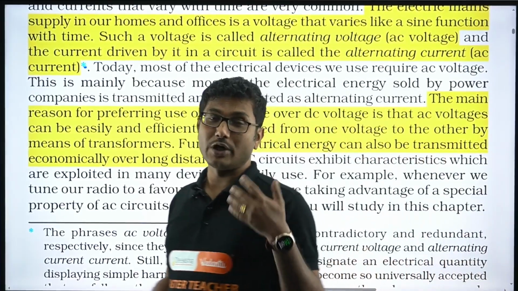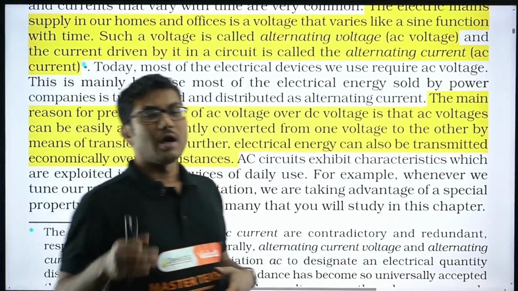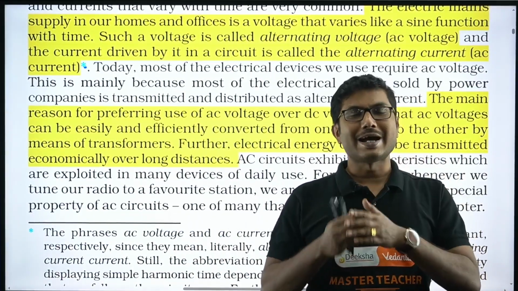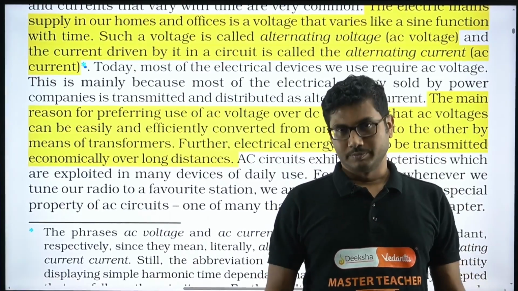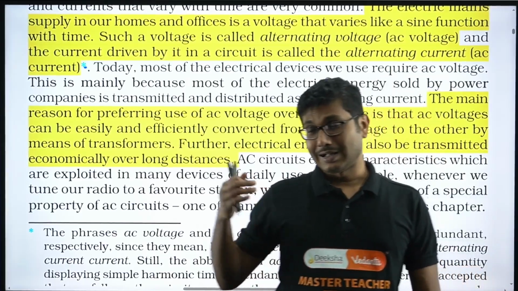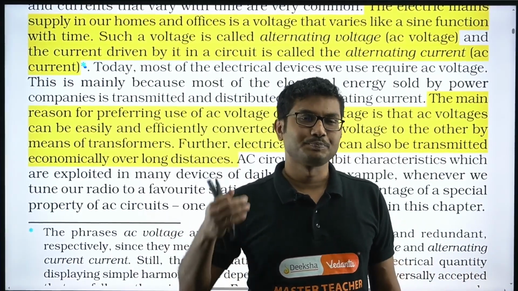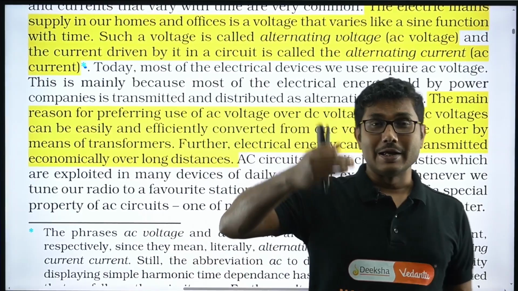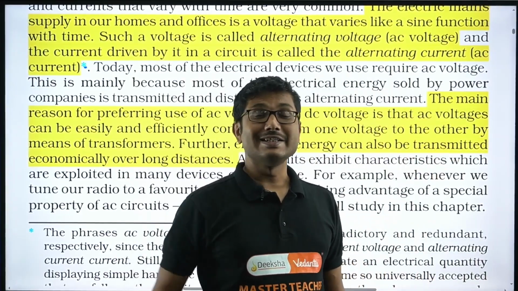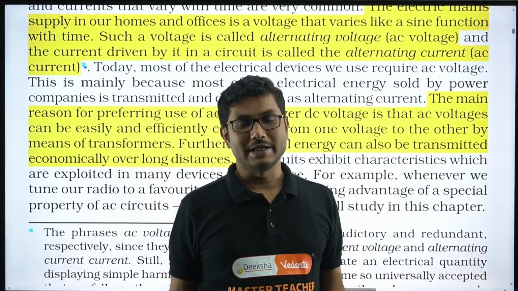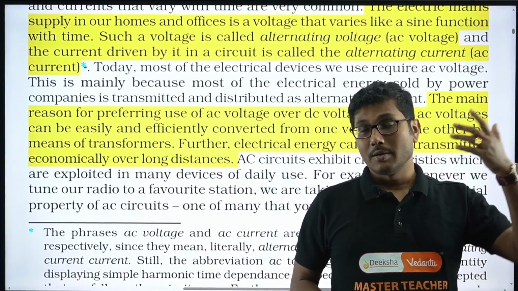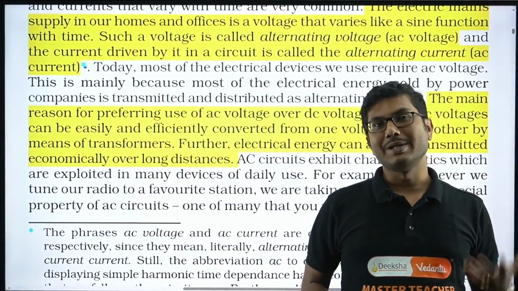P is equal to V into I, or P is equal to V square divided by R, right? Now, if we can keep the voltage high instead of increasing the current, then since power depends on V square divided by R, the power consumed in the circuit will be less.